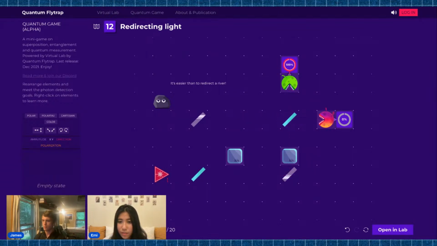So we notice that we're going to see only some of the photon go upwards and some to the right. So we have 50-50 in each, if that makes sense. If they're just like the diagram that I showed.